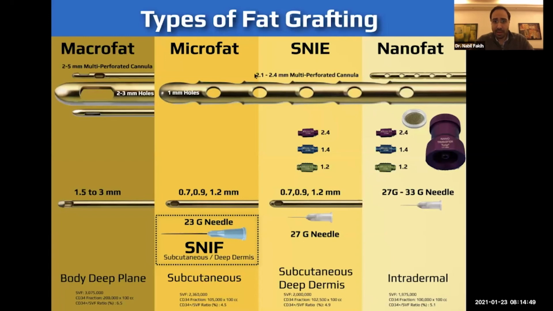Normally they are 2.1/2.4 millimeter multi-perforated cannulas. If we want to do microfat, we inject with injectors of 0.7, 0.9, 1.2, whereas in macrofat they use bigger ones, 1.5 to 3 millimeters. We liposuction fat with this and we inject with this.